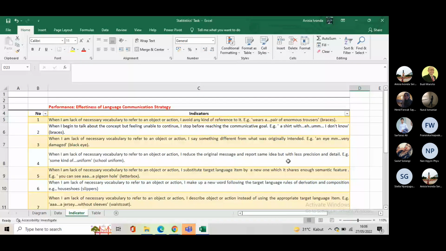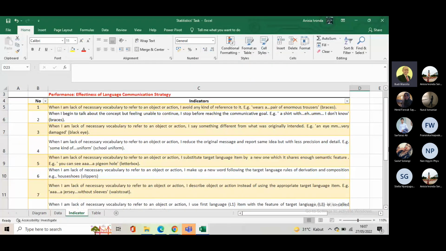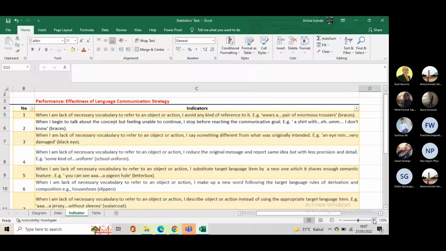It's from the previous week that I presented. Okay, the most important thing, like with the previous variable, satisfaction, is to make sure that there is no contradiction between the indicators. Yes, sir.